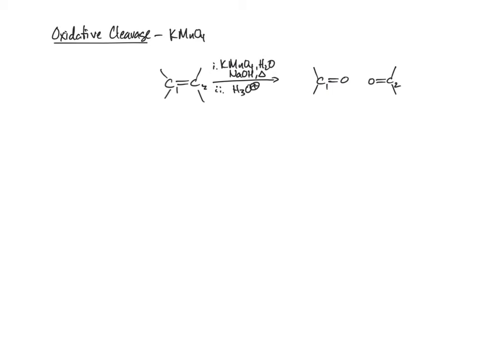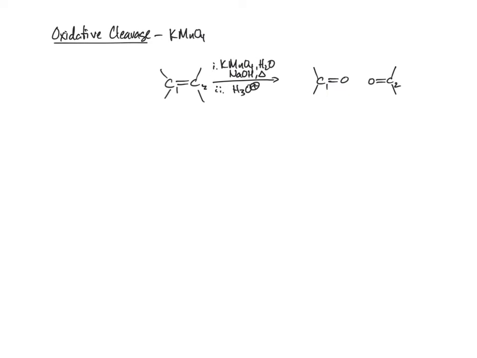We then cleave the sigma bond, and what we end up with is now two species, both of which are carbonyls. And so in this reaction, you have to pay attention to what these substituents are bonded to C1 and C2 to understand what functional groups you end up with.